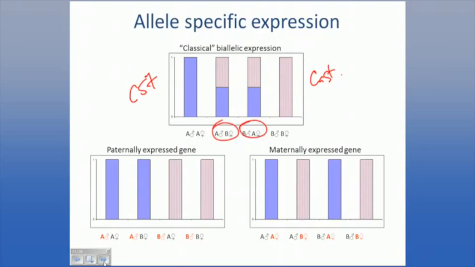However, for a paternally expressed gene, you're going to see expression of only the paternal allele and the exclusion of the maternal allele. And for a maternally expressed gene, these two crosses down here, you see the expression of only the maternal allele. And this can happen during processes like imprinting.